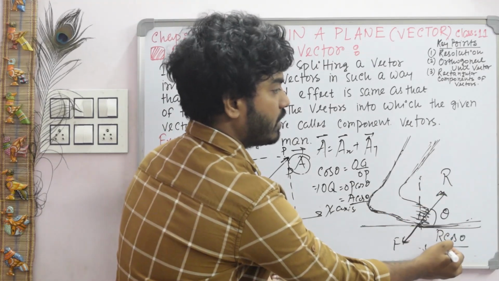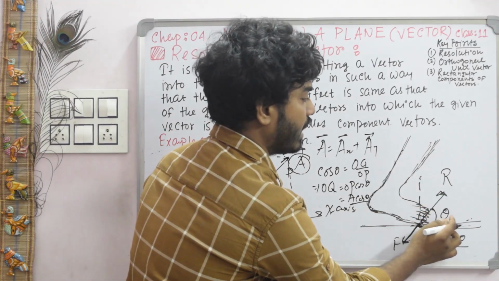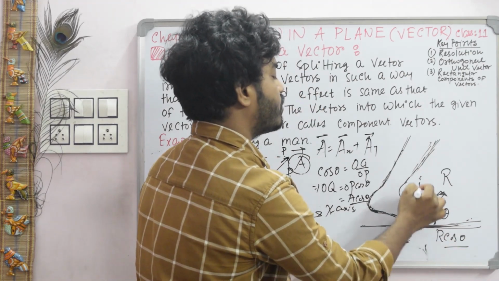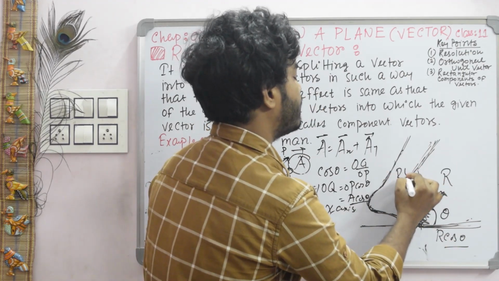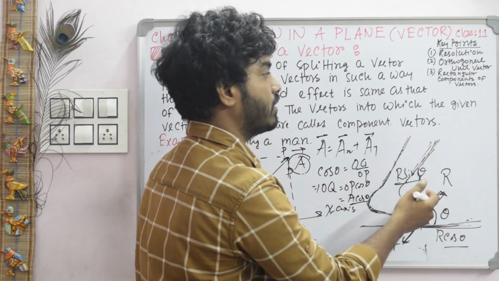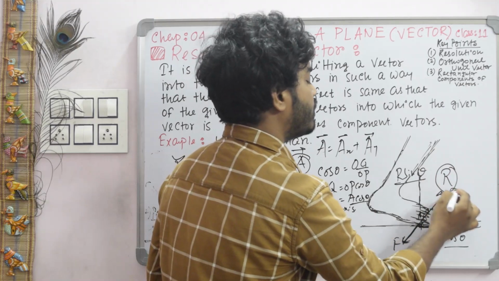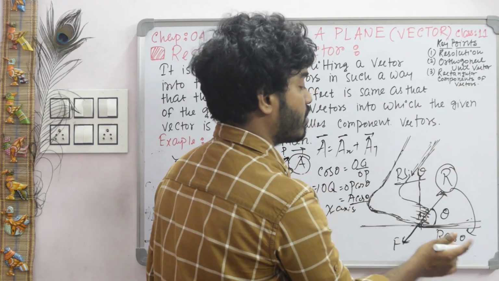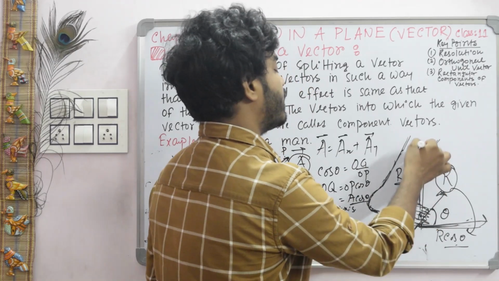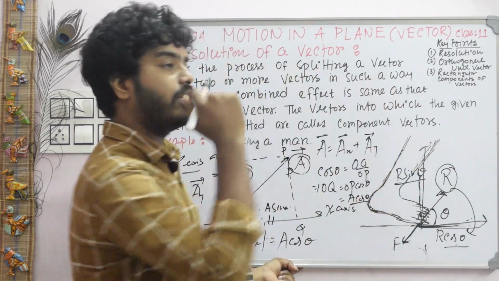This one is r cos theta because this is our angle. So this one gives the horizontal component, and this one is named as r sin theta, which is the vertical component. So here r is split into two: one component r cos theta along this horizontal line, and one component r sin theta along this vertical line.